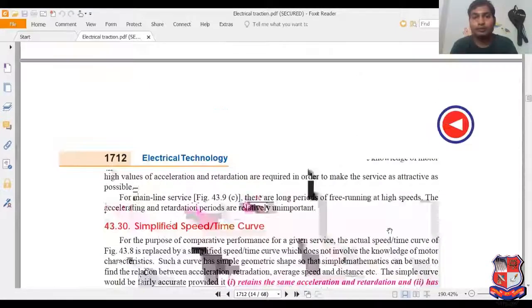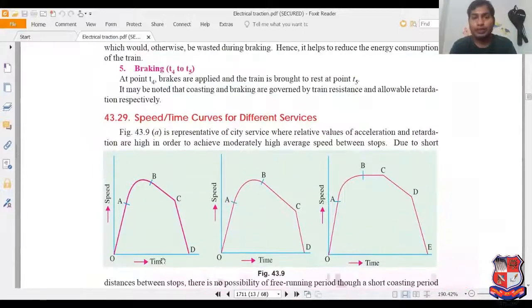In the same way, the speed-time curves for urban service lines and suburban service lines can be simplified to quadrilateral speed-time curves. What are quadrilateral speed-time curves? Let me show you.